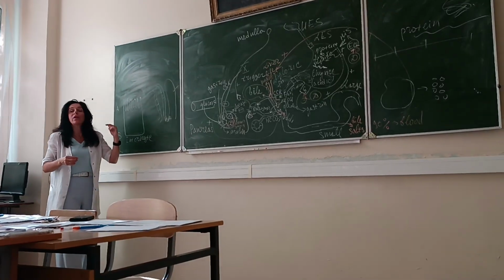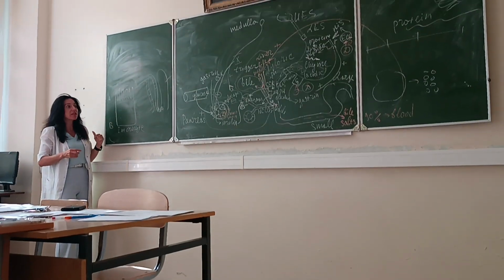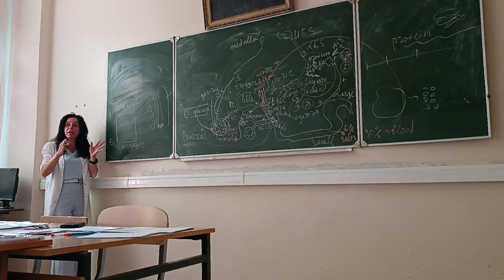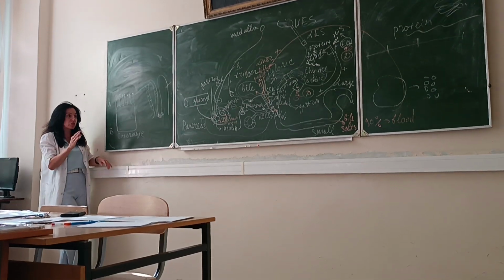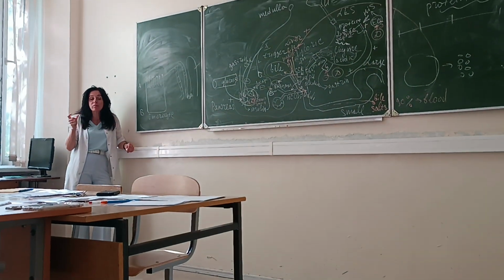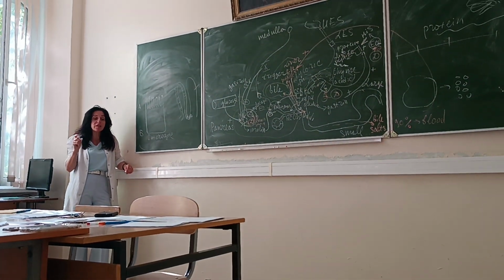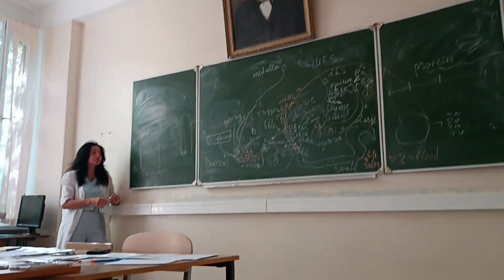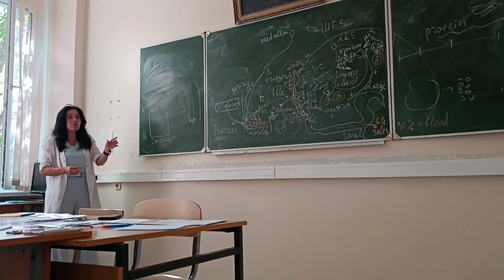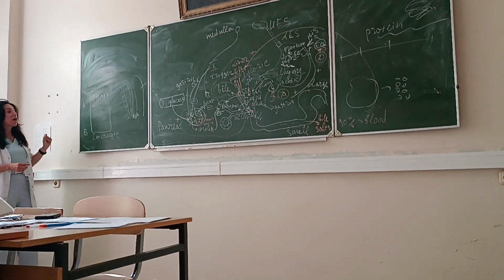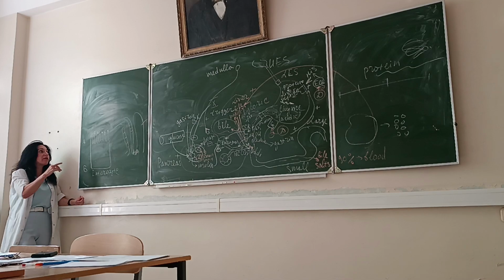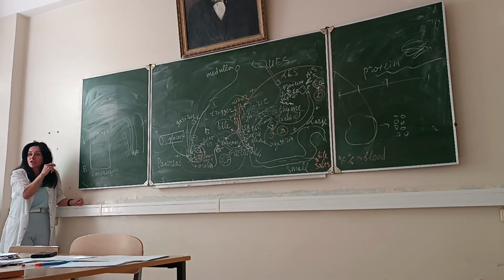Breaking down to oligomers happens in the stomach, then smaller, but anyway oligomers in the duodenum. There may be some monomers or dimers in the duodenum, but mostly oligomers, smaller. And dimers and monomers are produced during membrane digestion.